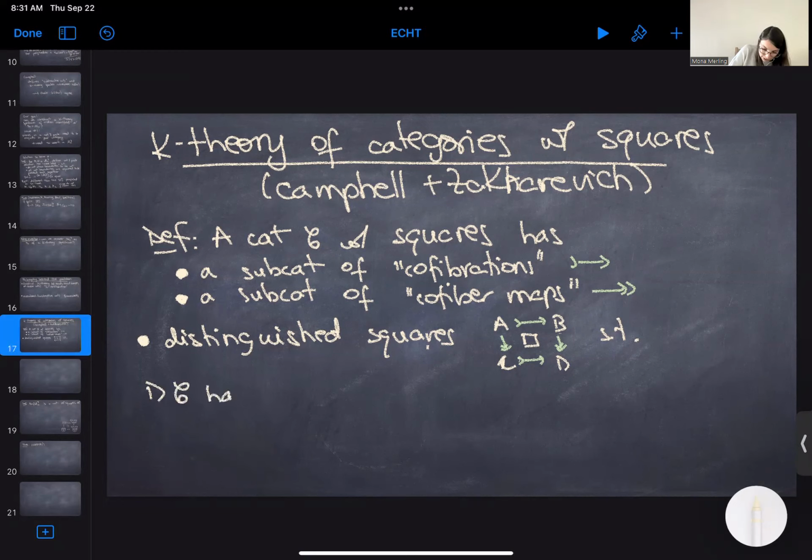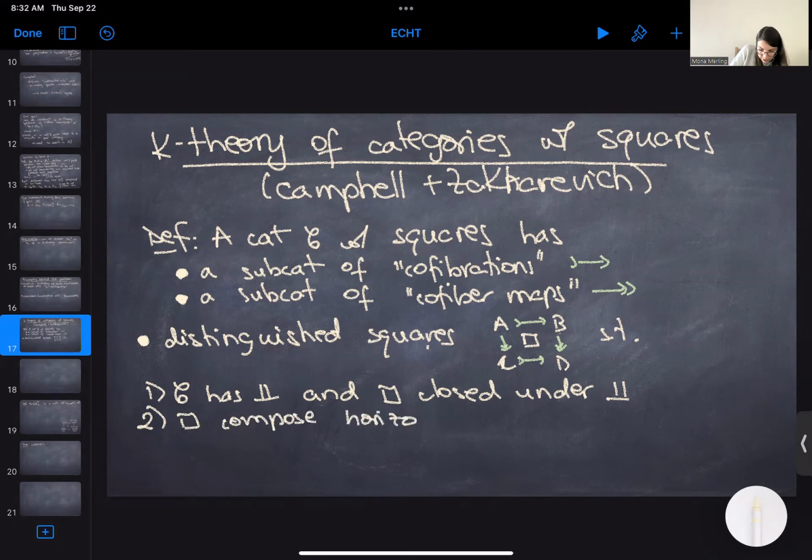We want C to have coproducts, and we want the squares to be closed under coproducts. Then 2, the squares need to compose horizontally and vertically.